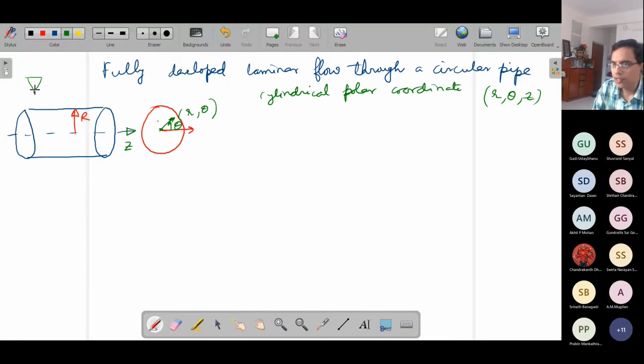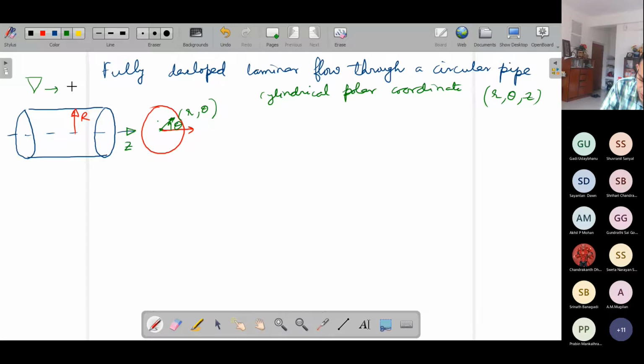Now this operator has different expressions in different coordinate systems, and that makes it easy to adapt the vector form to a coordinate-system-specific form.